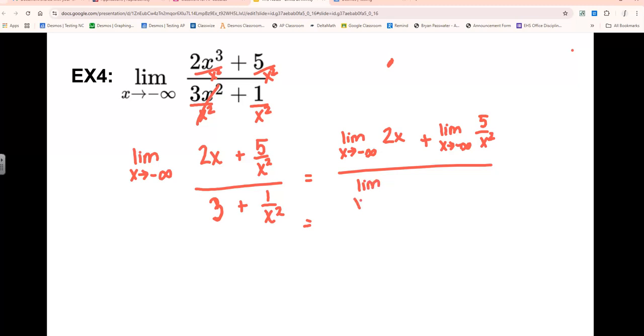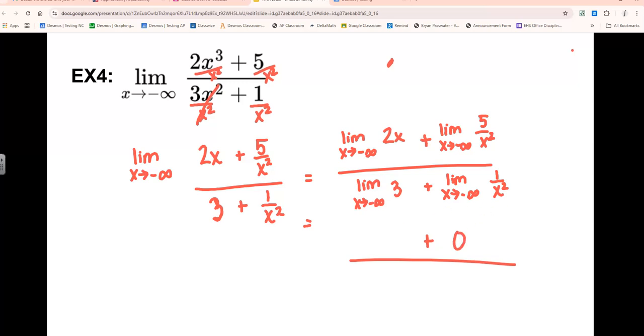So we're doing the limit as x approaches negative infinity of all of these things. And the difference in this problem doesn't have hardly anything to do with the fact that it's negative infinity. Because the limit as x approaches negative infinity of 5 over x squared is still what? 0. Alright, so I'm going to leave this alone for a second.